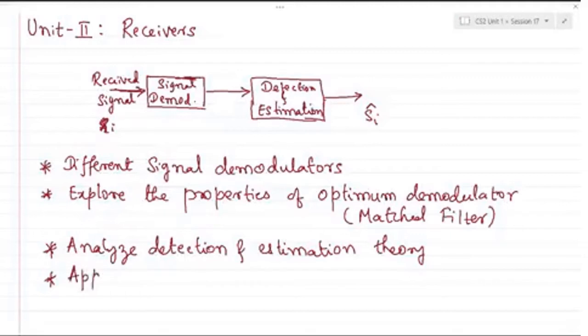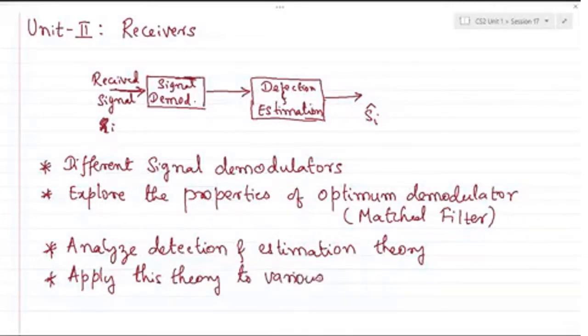Then we'll try to apply this theory to various modulation schemes that we have studied, whether memory-based or memory-less modulation schemes. Most of our modulation schemes were memory-less. Only MSK was a part of our memory-based modulation.